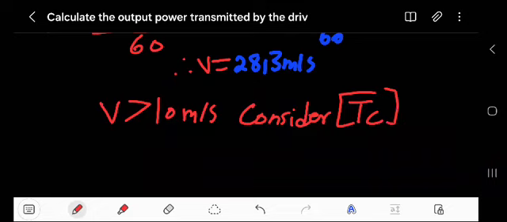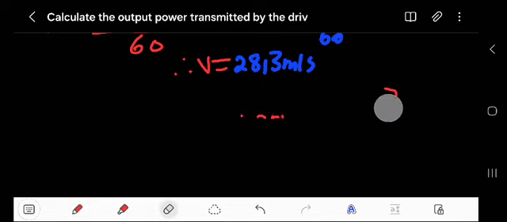If your velocity is bigger than this value, consider the centrifugal force, please. So we'll consider it.